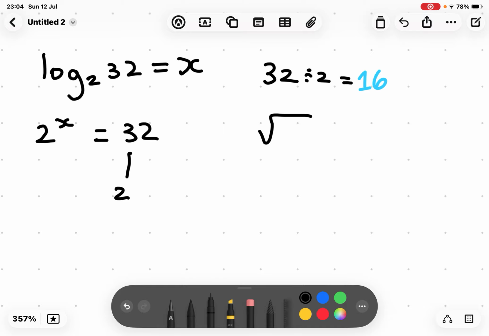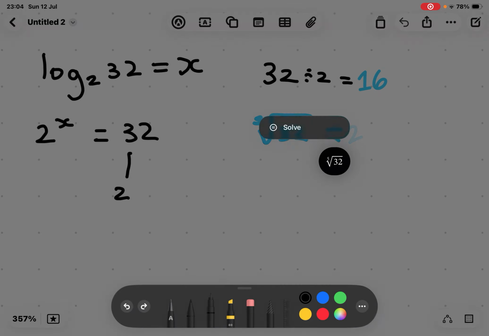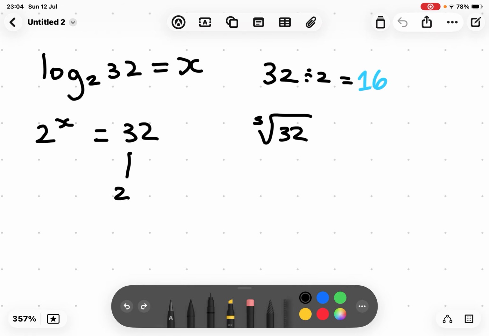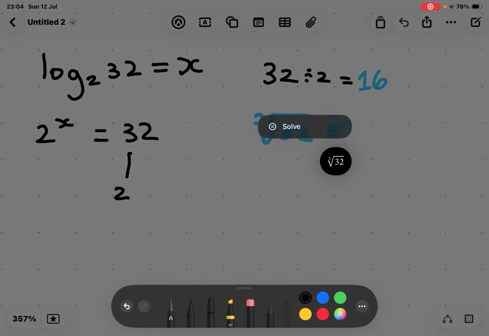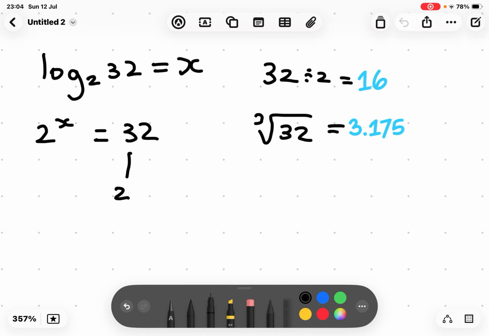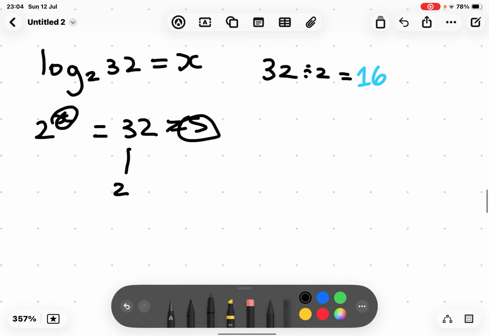Wait, could we do this? Ooh, we actually could. So basically, on a calculator, each time you're able to change the number and see, so when do you get 2? And as we saw, the answer is 5. So x equals 5.